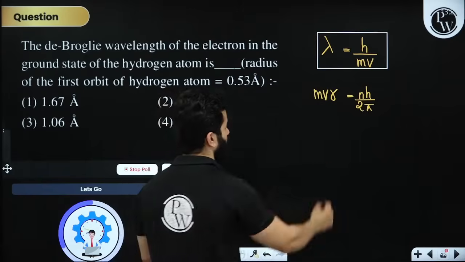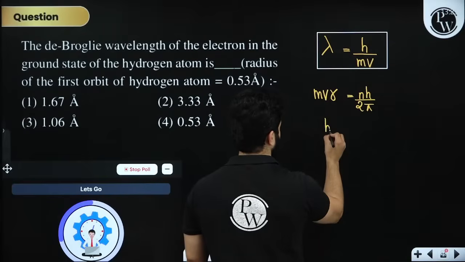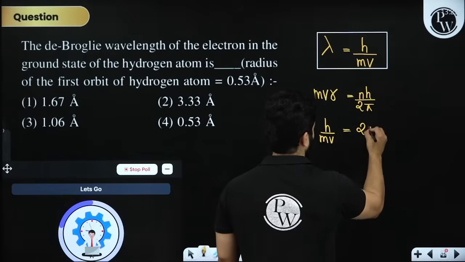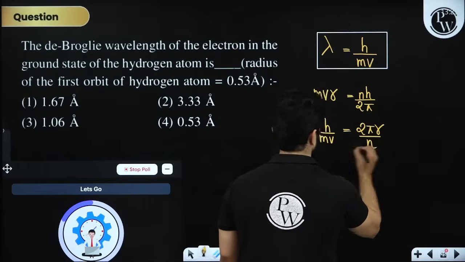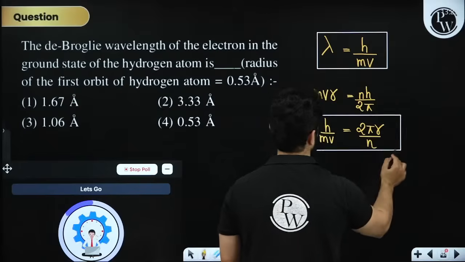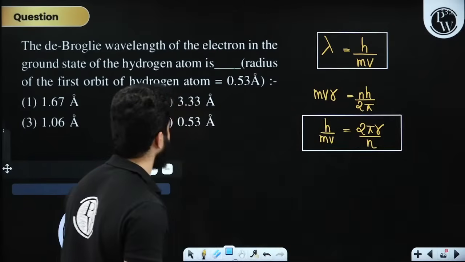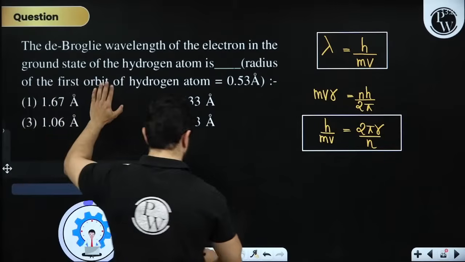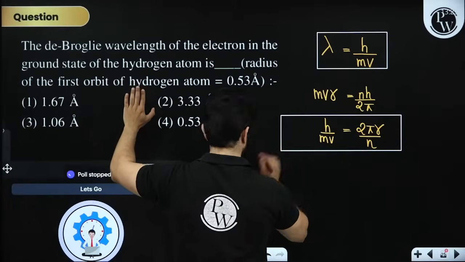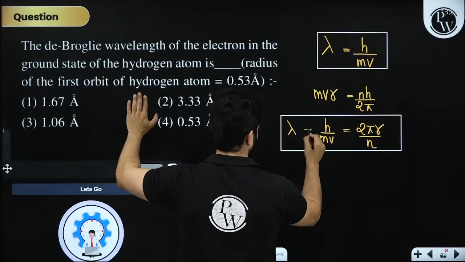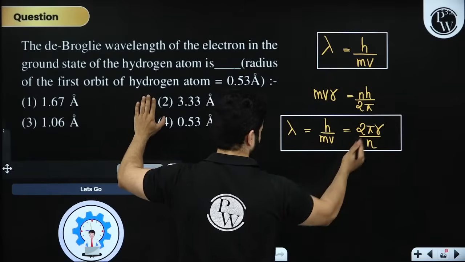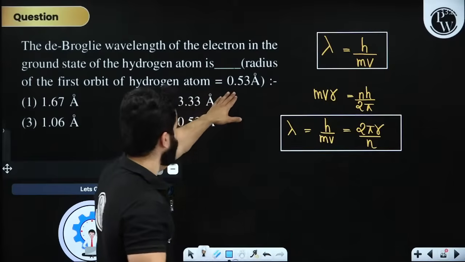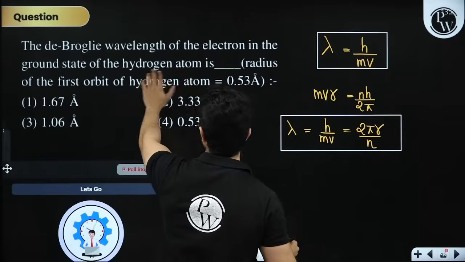That means h upon mv can be written as 2 pi r divided by n. 2 pi r divided by n. Now please understand what they are saying. They are saying the de Broglie wavelength of an electron, so we have to find this. This is lambda. So r1 will be, dosto, first orbit is this 0.53, and they are talking about ground state.